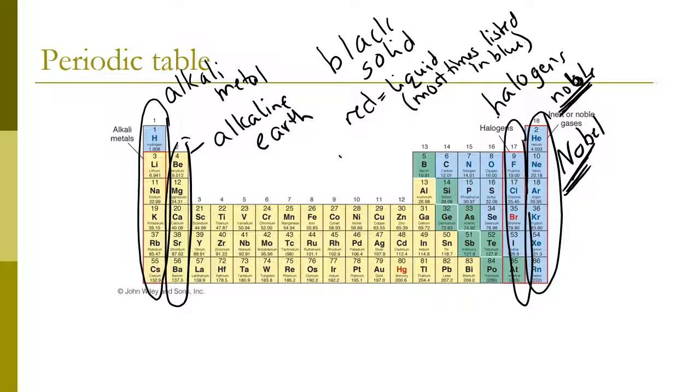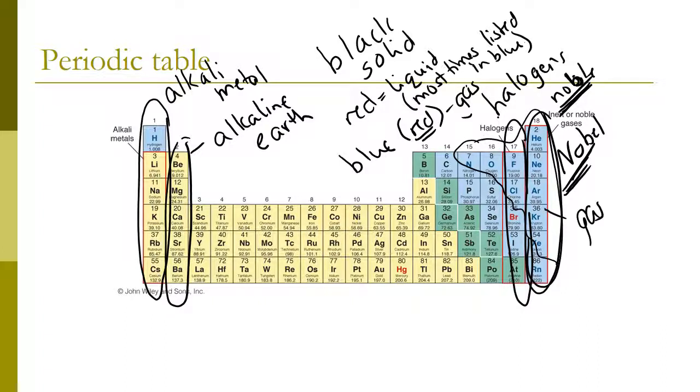And on this periodic table, if it's blue, again, most are red, it's a gas. Don't ask me why they did that. They just wanted to confuse you. So if you notice all of these over in here, all of these are gases. The little red ones, those are going to be our liquids.